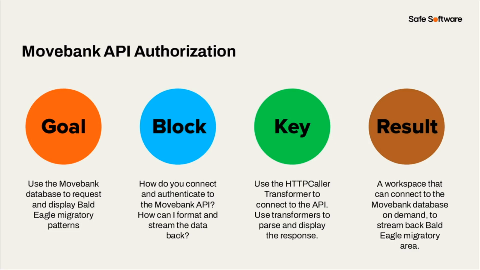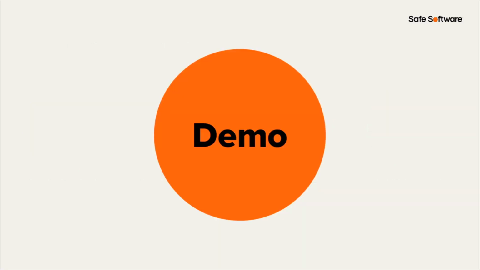So I'm going to show you how to connect to the API with the HTTP caller again, and how we transform the data and parse the response. And the result is that we're going to have a workspace that will connect to the database on demand and then stream the data live back to our ArcGIS Online map. Okay, so let's jump into the demo.